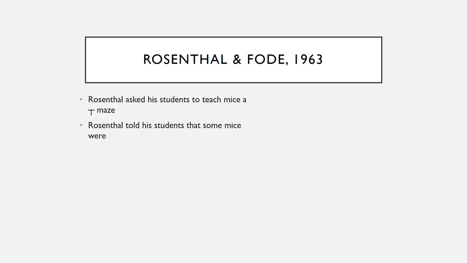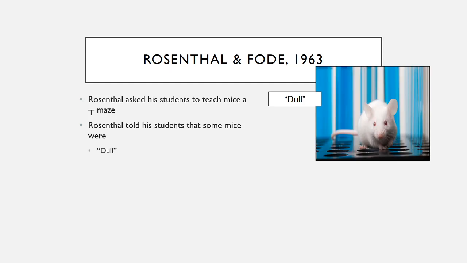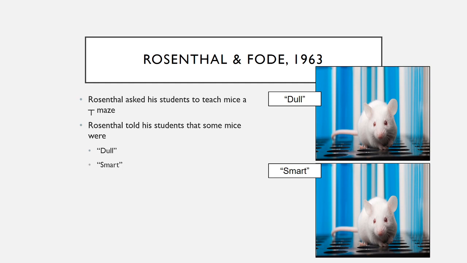Rosenthal told some of his students that some of their mice were "dull," meaning that they were not so smart, and that others were smart, "bright" mice. The students then completed the training, recorded the data, and found that the smart mice learned the maze faster.